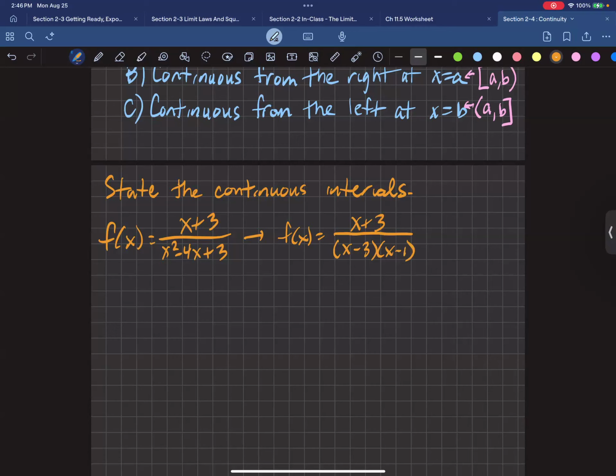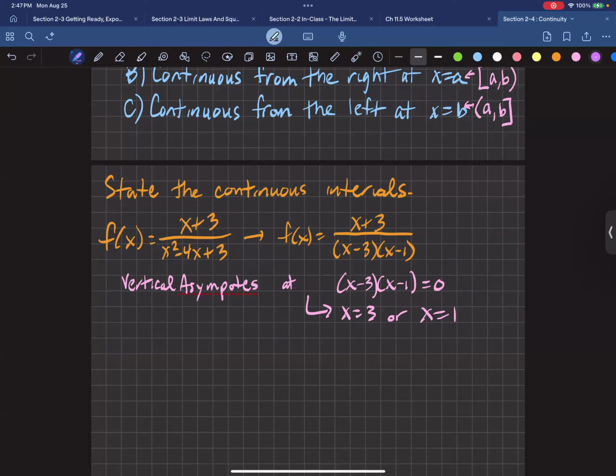Which means we are discontinuous, or we have vertical asymptotes, wherever the bottom equals 0. And that means those are the only values we can't use.